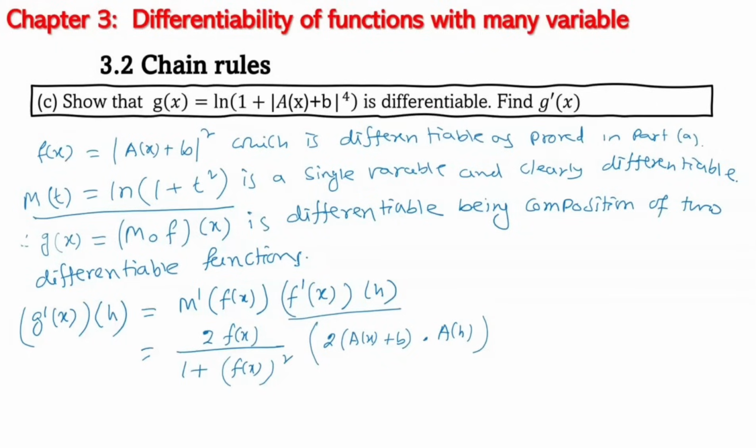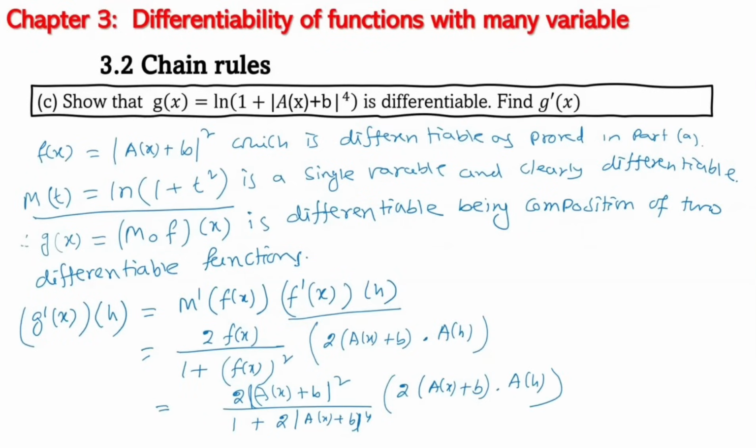Now we substitute f(x) and we get the final answer: 2 times the absolute value of Ax plus b whole squared over 1 plus the absolute value of Ax plus b to the power 4, and then 2 (Ax plus b) dot Ah. So this is the final answer.